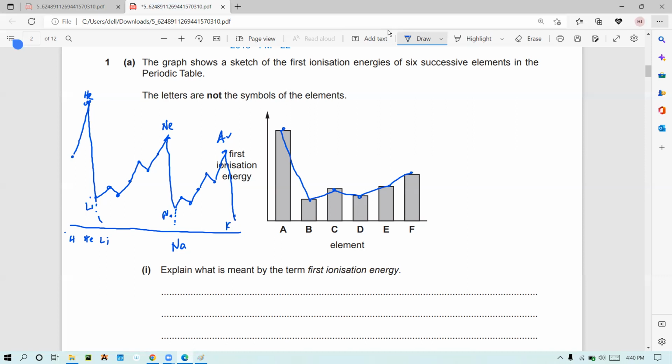This diagram shows that A is a noble gas, and B should be group 1.